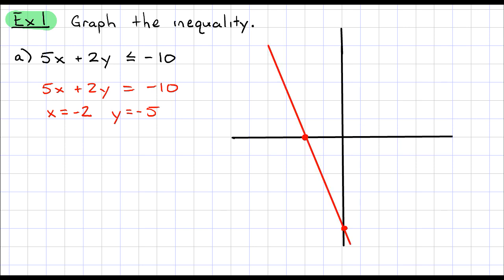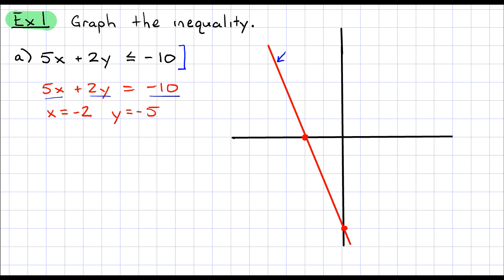Okay, so now, for points directly on that line, if I take any point on this line, and plug it into the expression 5x plus 2y, the result is going to be exactly equal to minus 10. So, every point on this line satisfies my initial inequality.